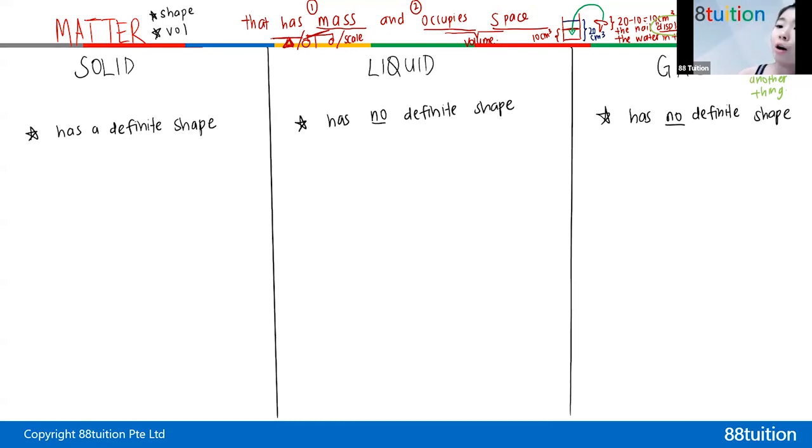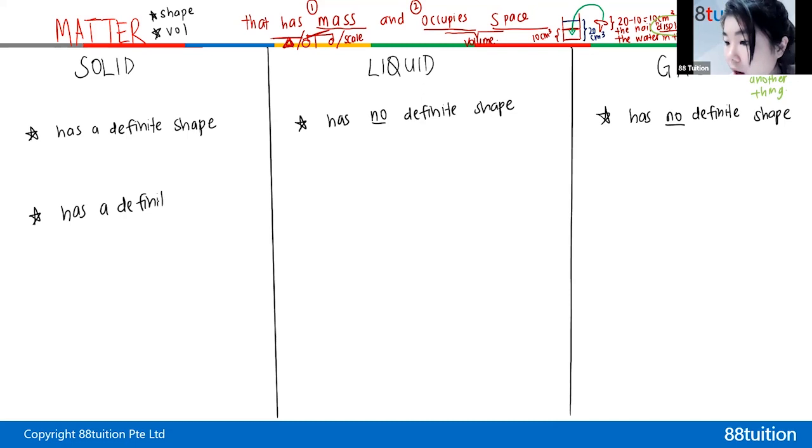Okay, let's talk about volume. Does solid have a definite volume? Yes. Good. So solid has a definite volume.